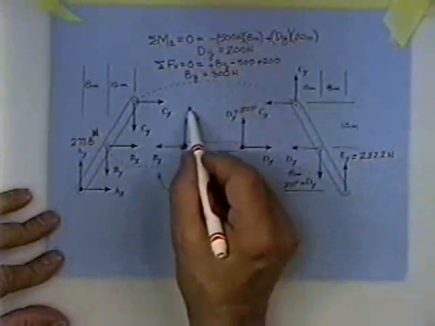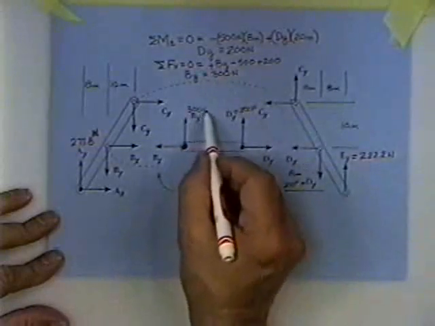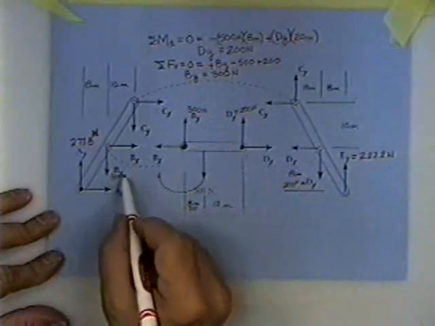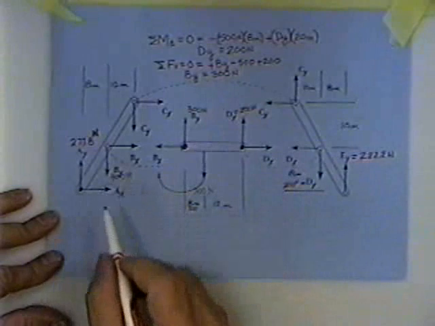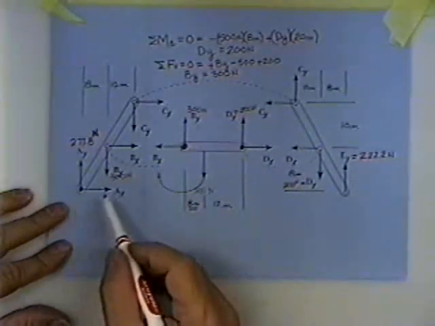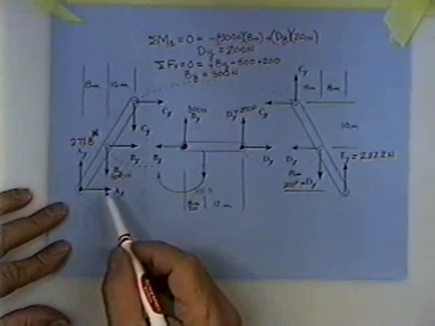I list it once. I list it twice. If you forget to list this the other time, then when you come to the next free body, you'll think there's more unknowns than there really are.